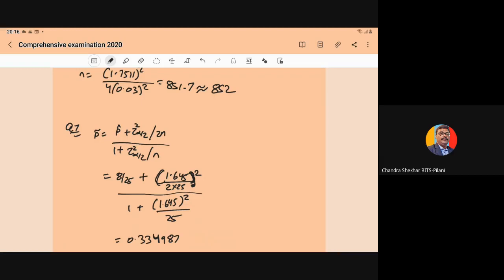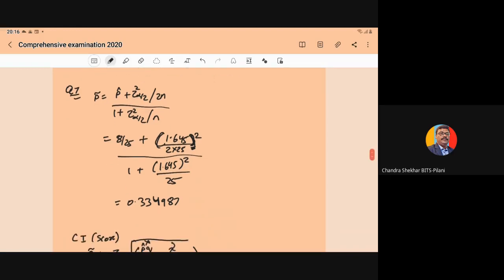So z at 0.025 will be 1.645. So 1.645 square upon 2n, 2 into 25, whole upon 1 plus z square alpha by 2, means 1.645 square upon n, 25.